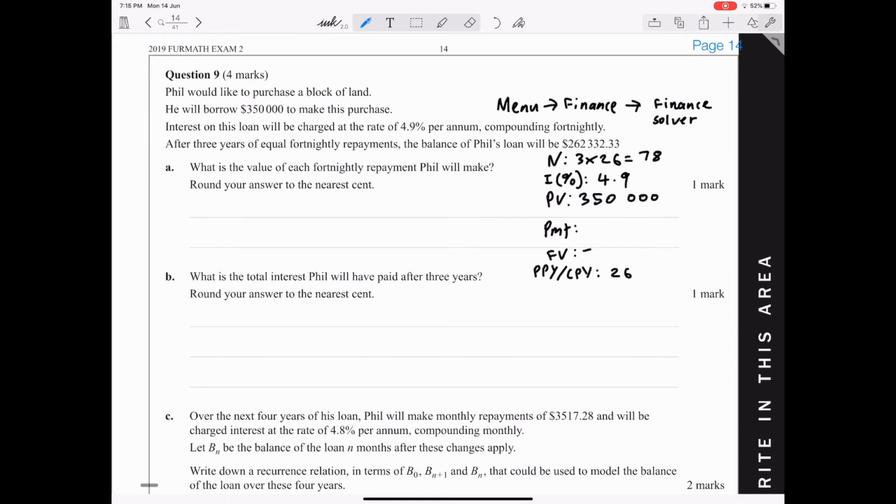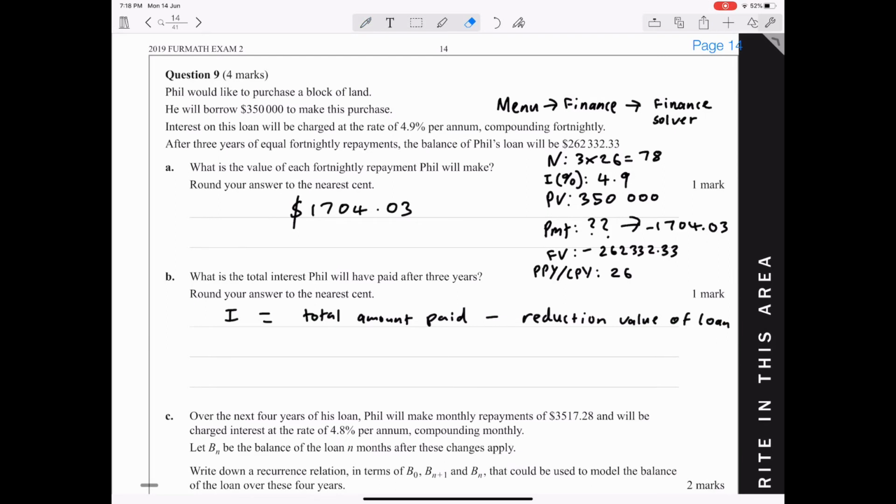So we basically just have to find the fortnightly repayment. If you put that on your calculator, you'll get negative 1704.03, rounded to 2 decimal places. So therefore, Phil's fortnightly repayments are $1,704.03.